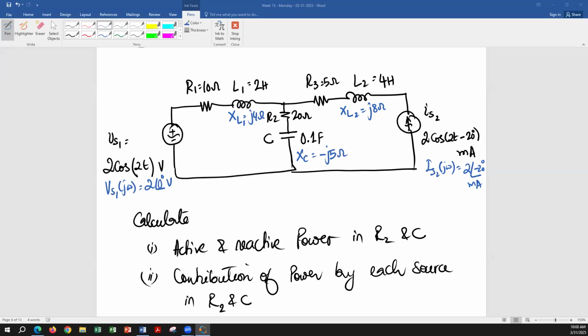And my XL1 is i times omega times L1. XL2 is i times omega times L2. XC is 1 divided by i times omega times C.